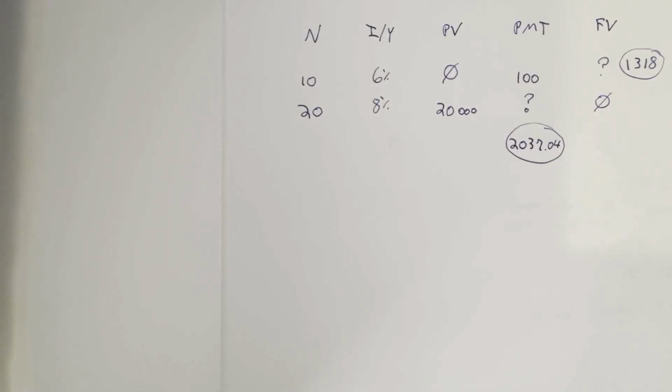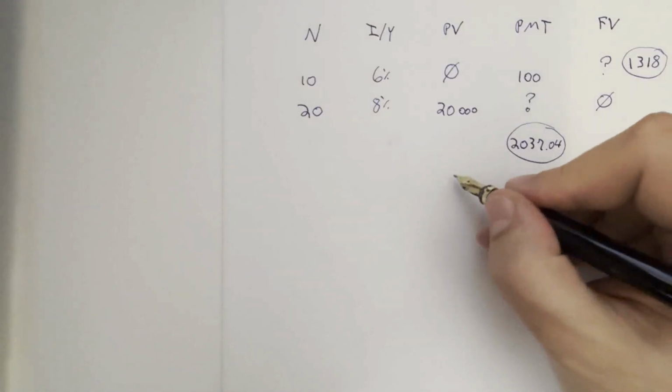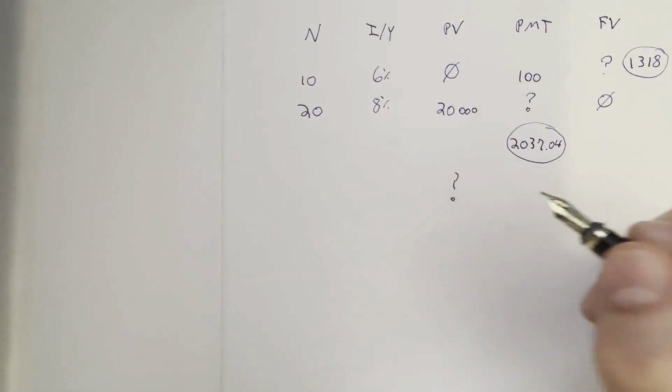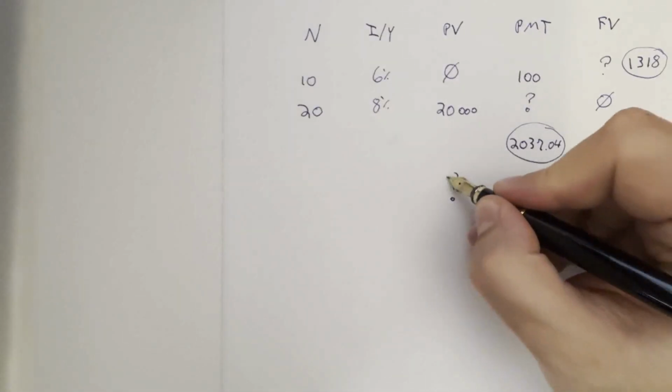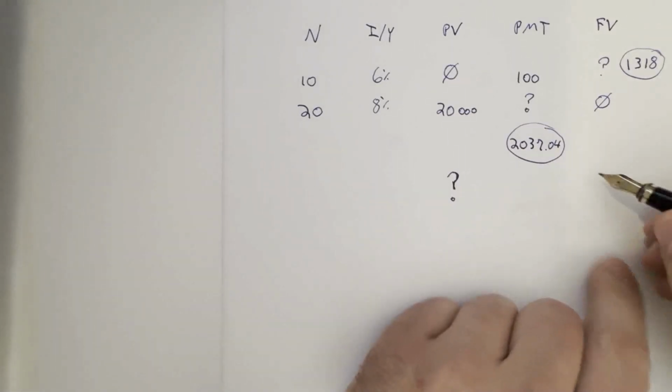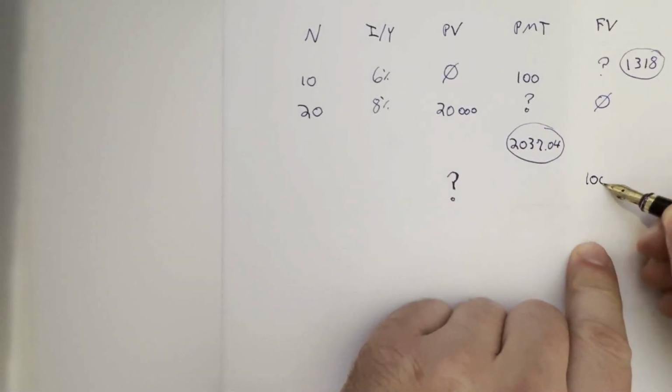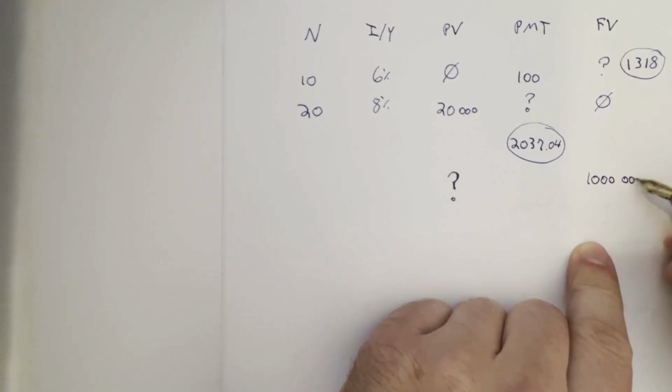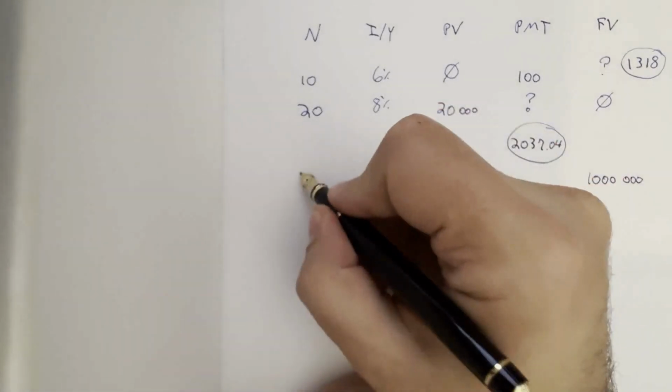Next up, we're going to solve for the present value. So we have the option of getting a $1 million payout in 10 years.